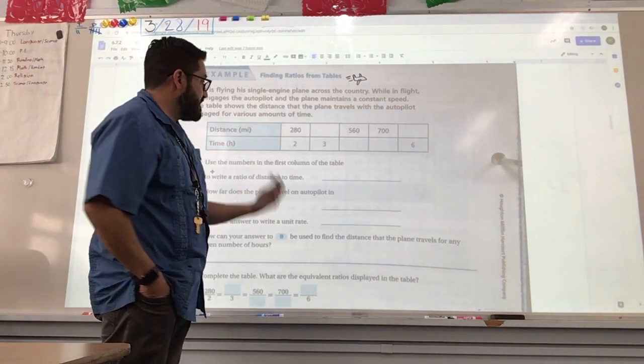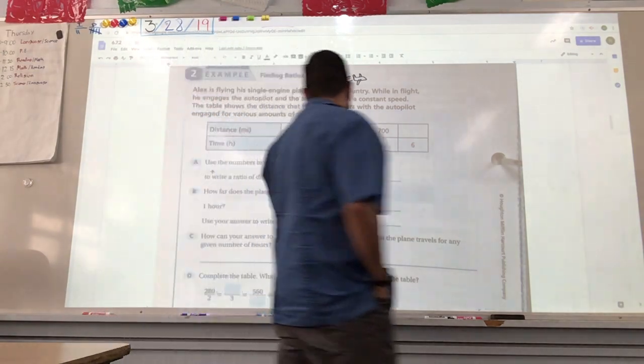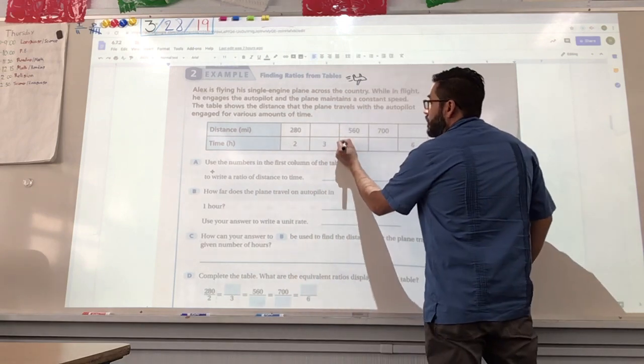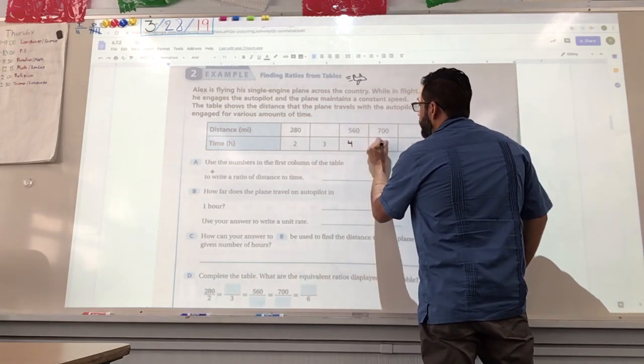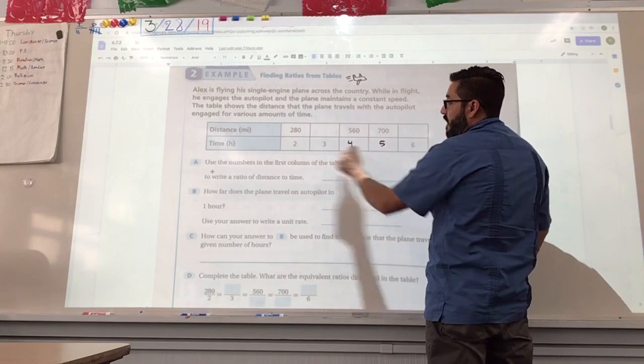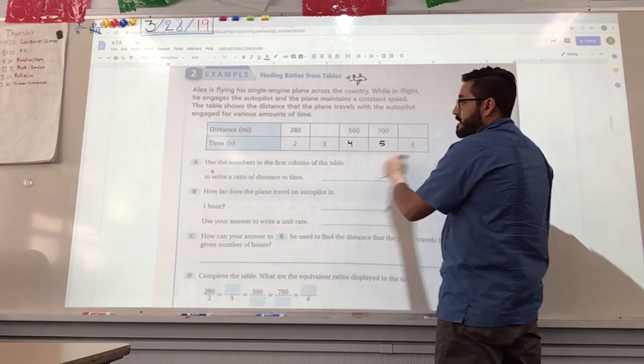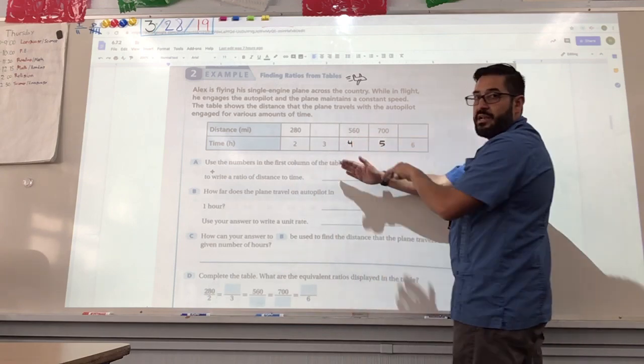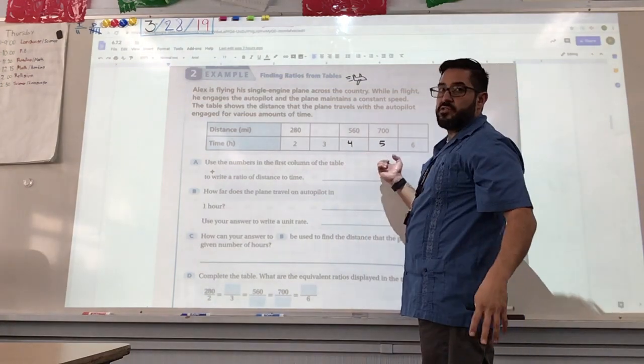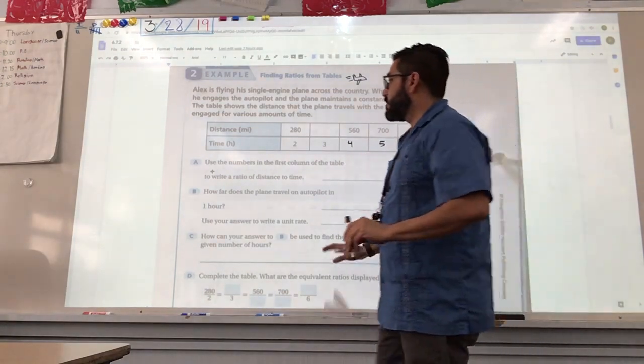Now, I can fill out the easy part of this chart, which is to go 4, 5. I'm going to assume that those are 4 and 5 because I have 2, 3, 4, 5, and 6. I have 2 and 3 and 6, and there's 2 spots in the middle. I'm assuming it's 4 and 5. Those are my context clues.